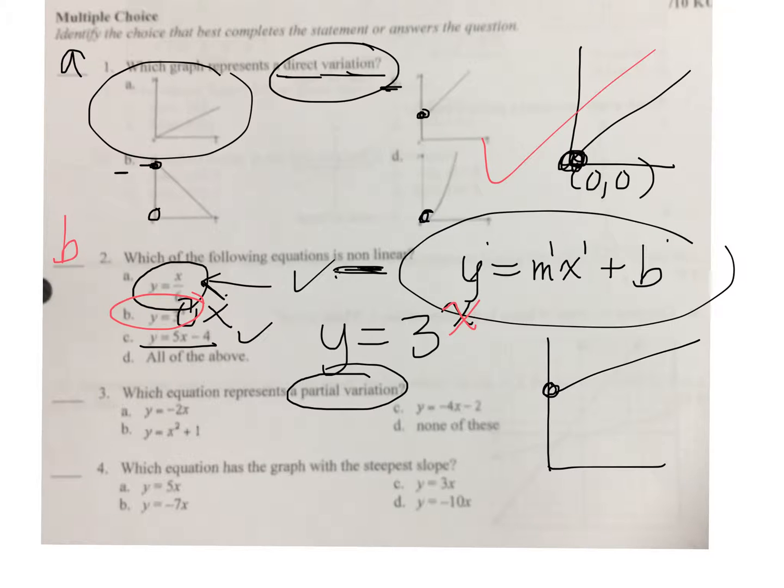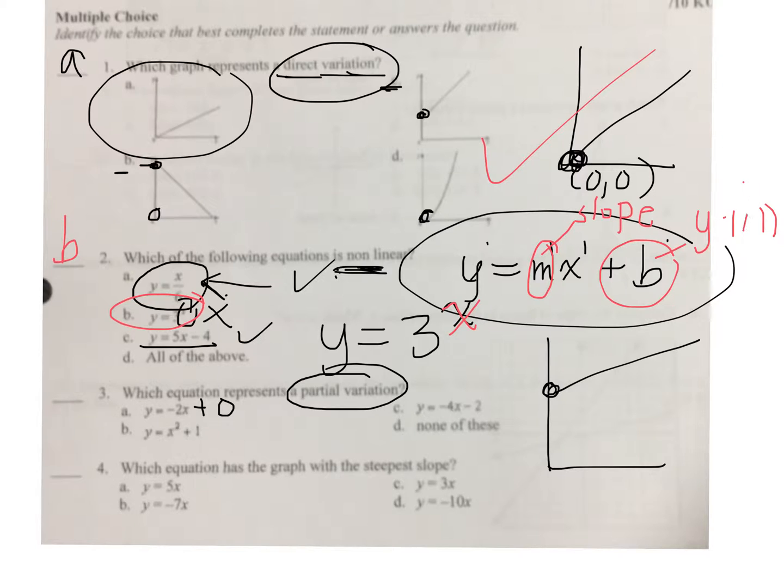So let's look at these equations. A says y equals negative 2x plus 0. There's nothing there. So what's the y-intercept of this equation? In the equation y equals mx plus b, the number in front of x is the slope. Remember we talked about this? And the number by itself is the y-intercept.